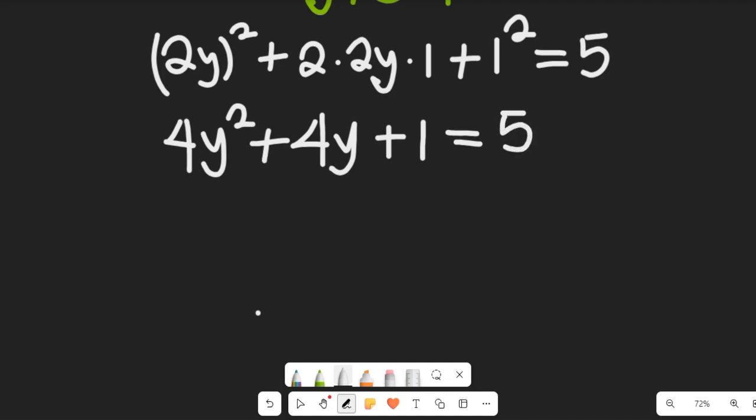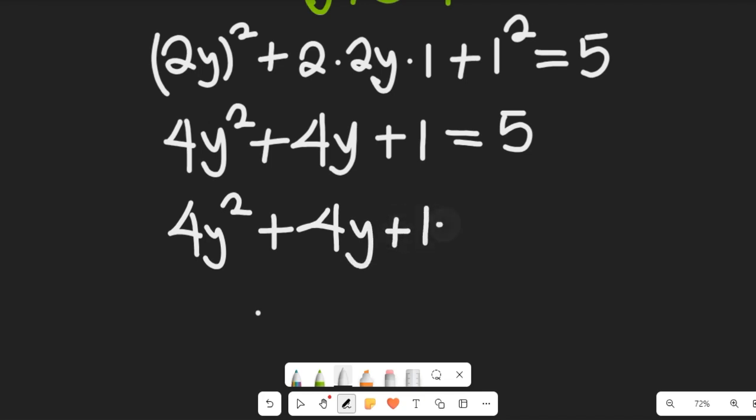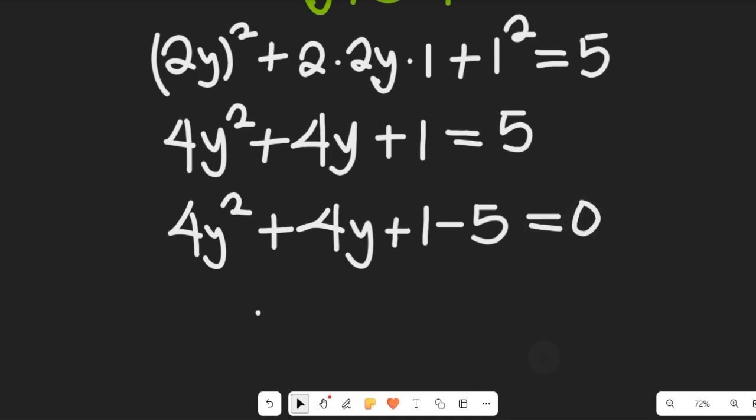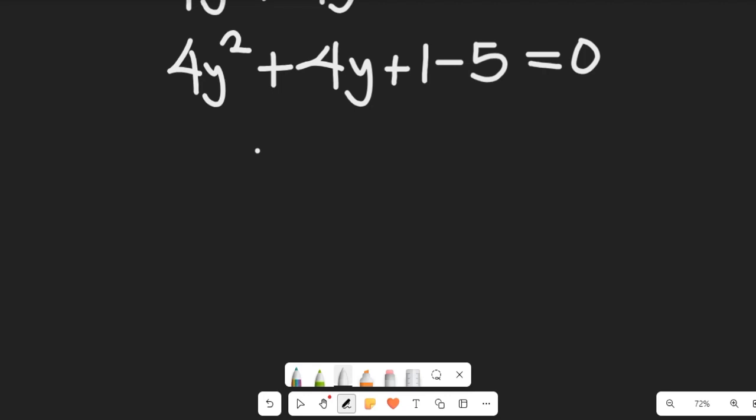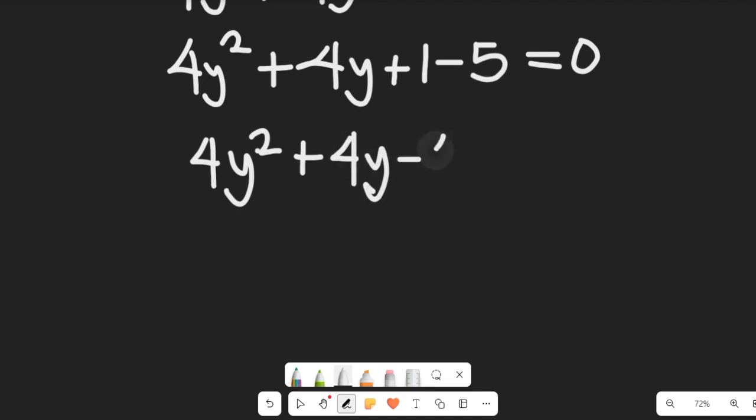So if we simplify this, you're going to see that this expression will now give us 4y squared plus 4y plus 1 minus 5 if we subtract 5 from both sides, and that will be equal to 0. So from that expression, we will now have 4y squared plus 4y minus 4, and this will be equal to 0.